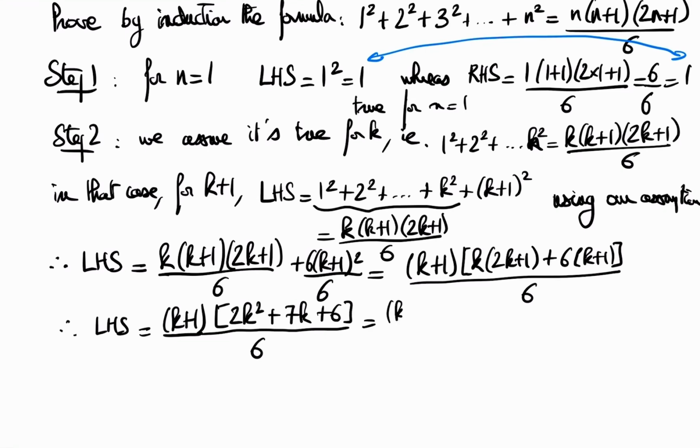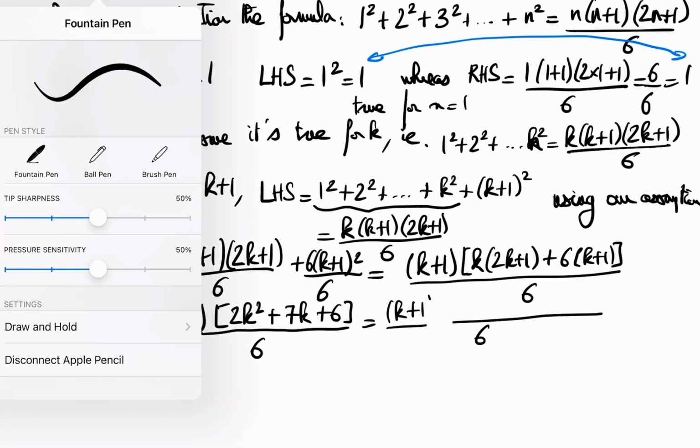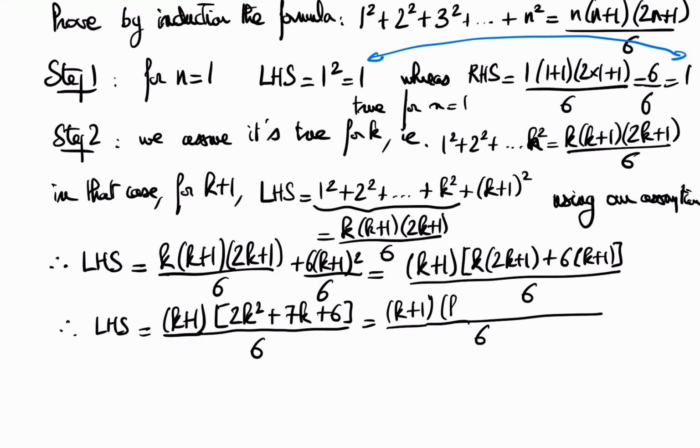Now, if we are a bit clever, we can see that the roots of this are k plus 2 and 2k plus 3, which I can rewrite as k plus 1 times k plus 2 times 2 times k plus 1 plus 1, over 6.